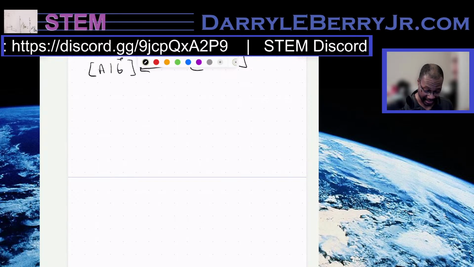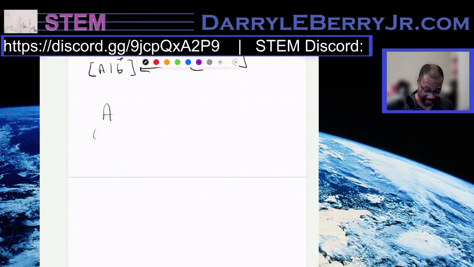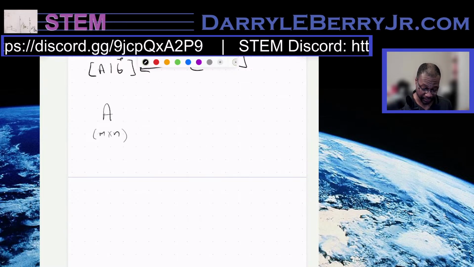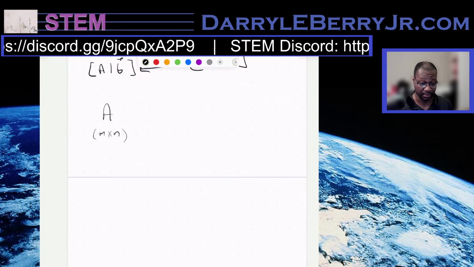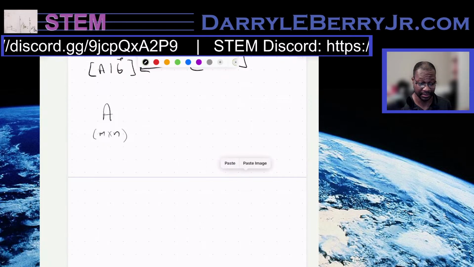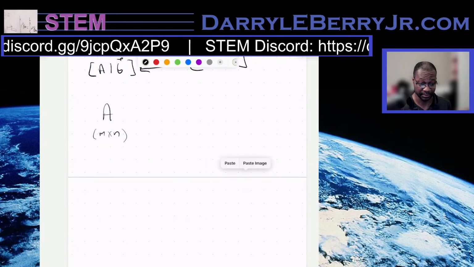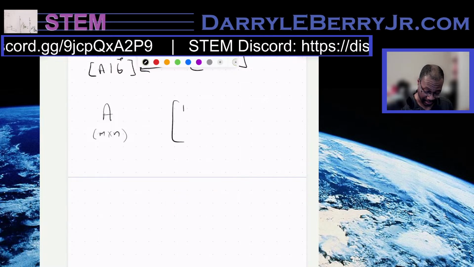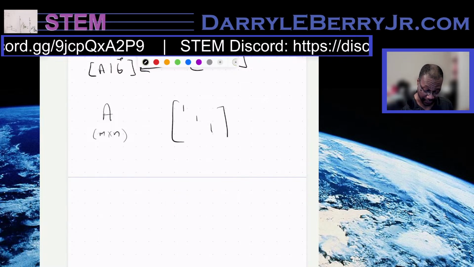Usually when it gives the size of a matrix, it says M by N, where M is the rows. So that means we have to have a number of solutions equal to the number of rows.